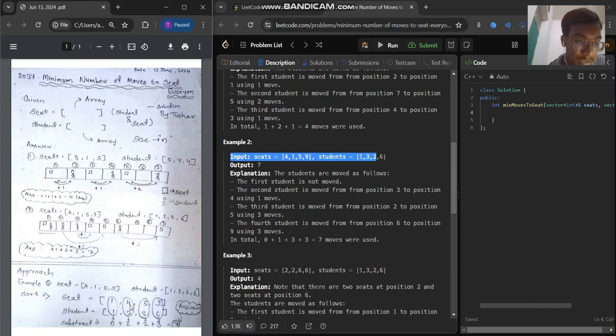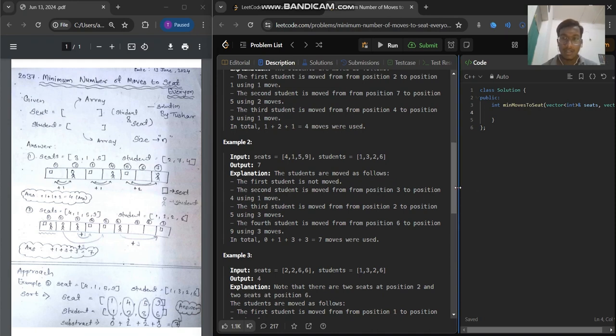If we do similar for the next positions, 4 minus 2 will be 2, 5 minus 3 will be 2, 9 minus 6 will be 3, and if we add this down, 0 plus 2 plus 2 plus 3, we'll get 7, and this is our required answer. So you might have understood now what to do. I'll quickly start the coding part.